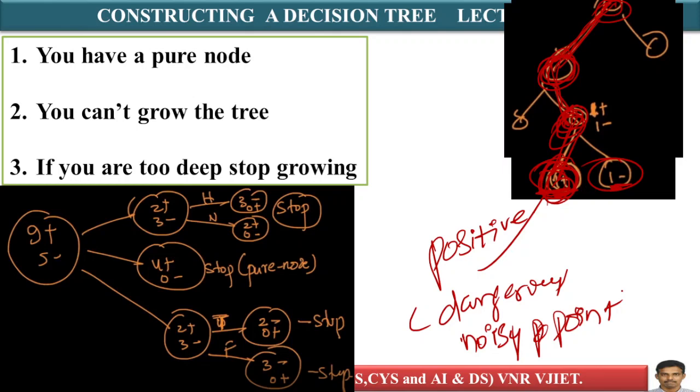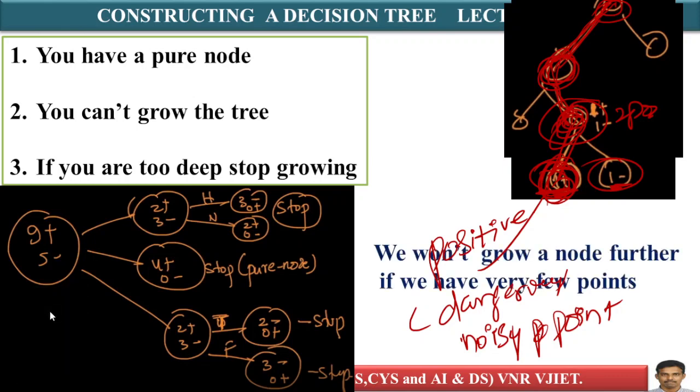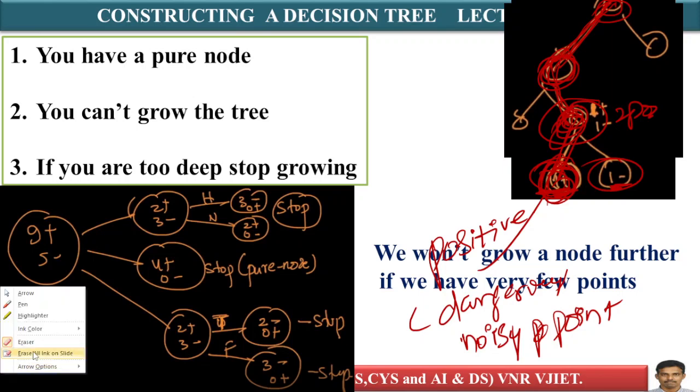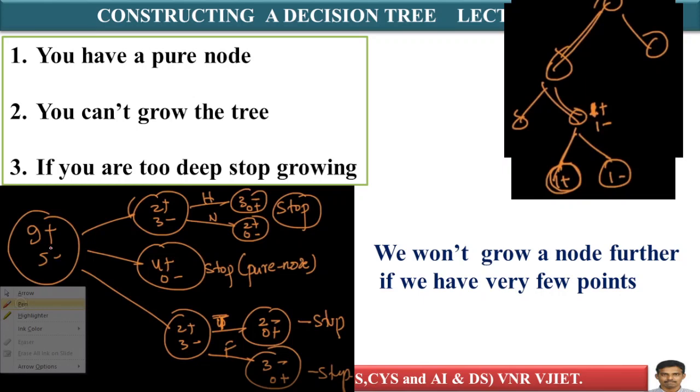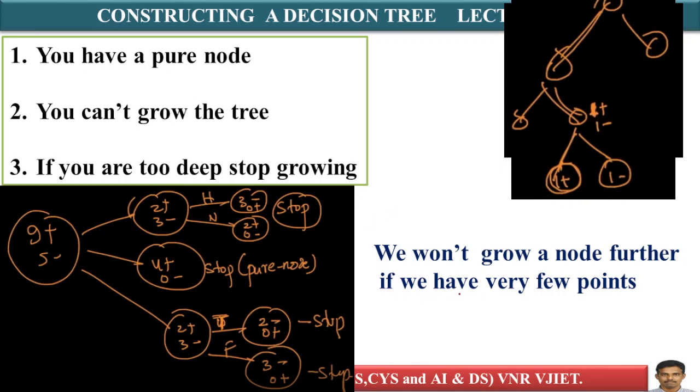This is useless. Oftentimes, we say that we won't grow a node further if we have very few points. Here we have only 2 points, very few points. Oftentimes we won't grow a node further if we have very few points.